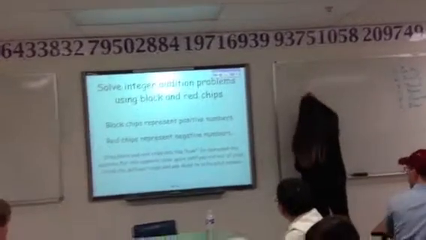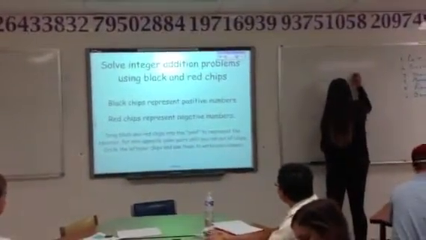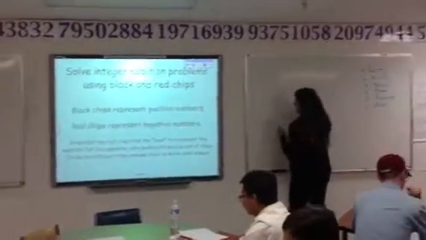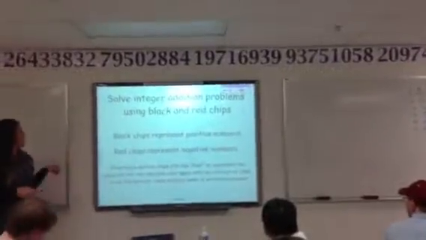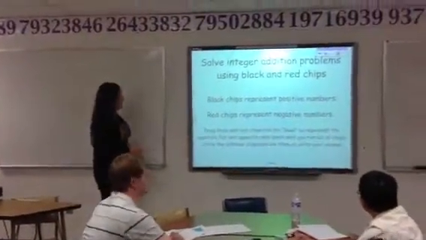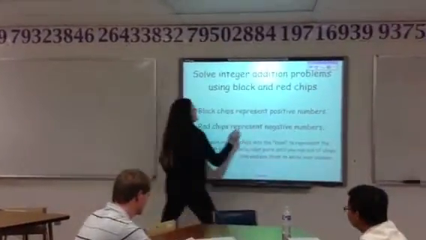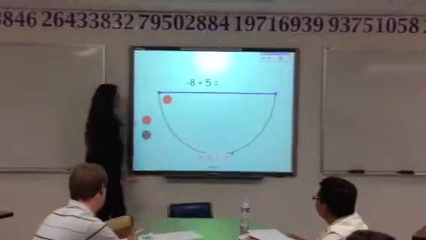And in this case our white will be the negative. So each of your chips represents one. So each of the black will be representative of one and our white's negative one. So let's see the example of what we're going to do. We'll watch this, and we're going to model.